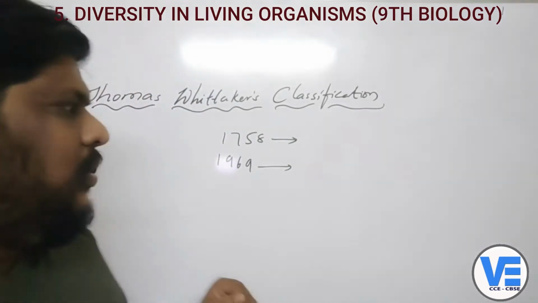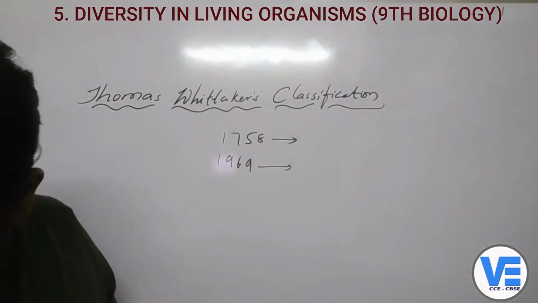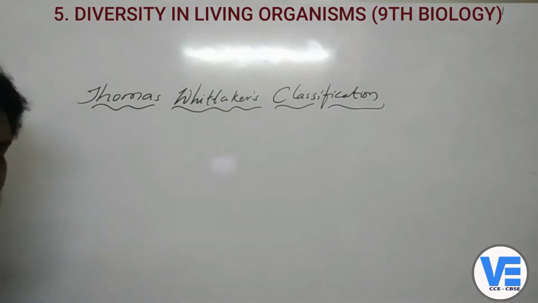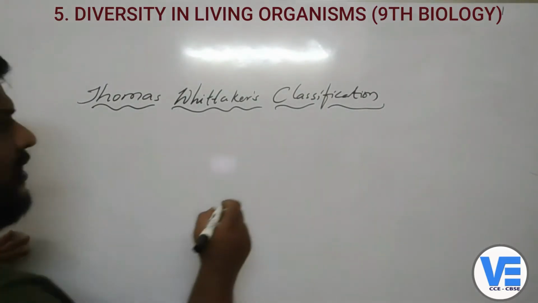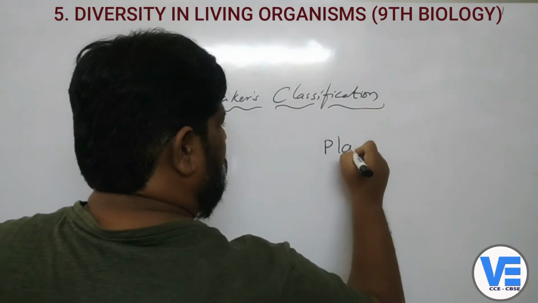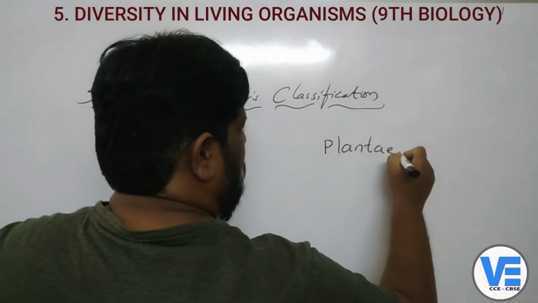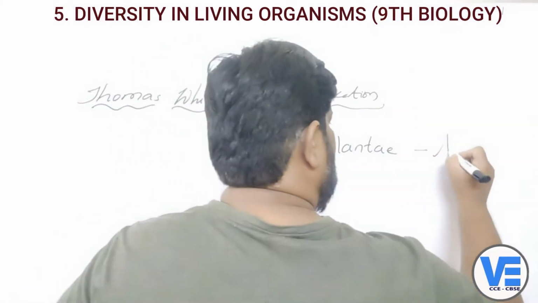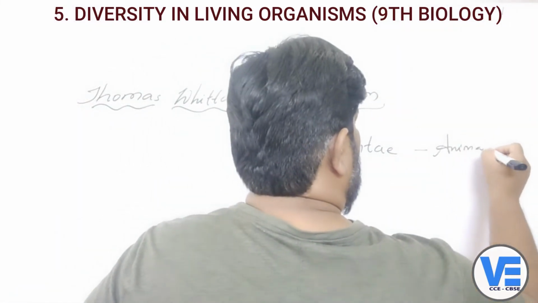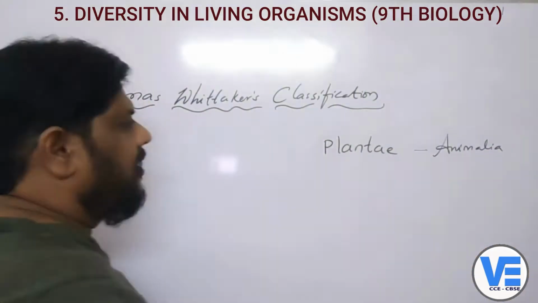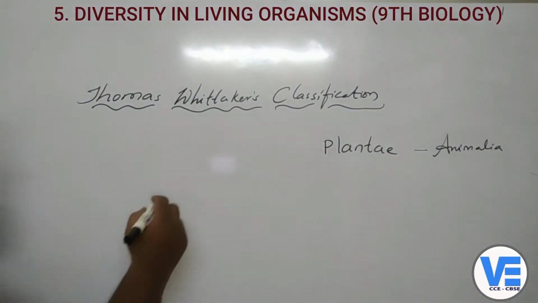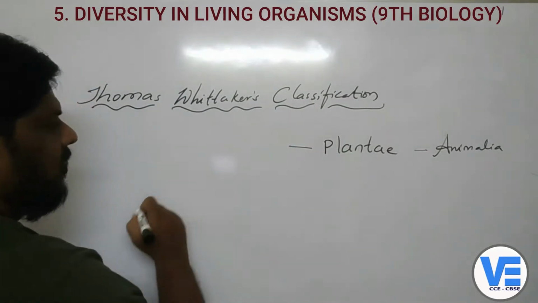Now already we know that there are two divisions in Carolus Linnaeus's classification: Plantae, and the next one is Animalia, right?